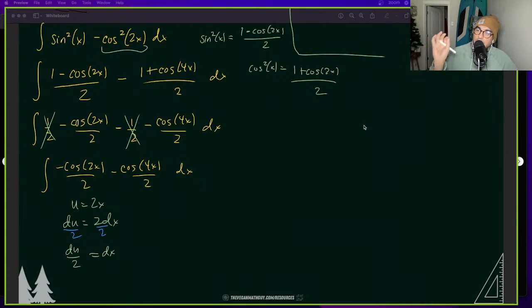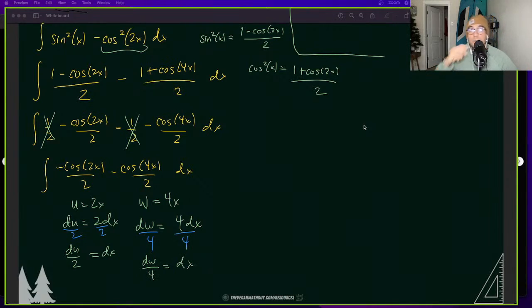Okay, and technically we also are going to use U substitution for that second integral, but I'm just going to use w so I don't confuse the two. Let's do w equals 4x. dw equals 4 dx. Let's go divide the 4 to the other side. And I get dw over 4 is equal to dx.